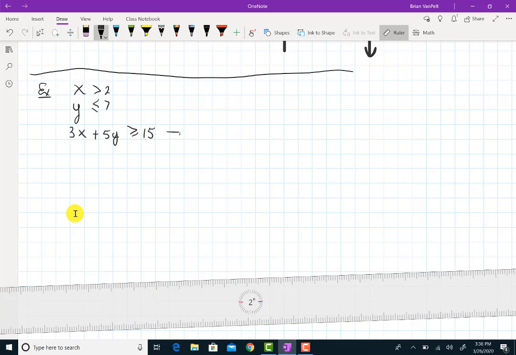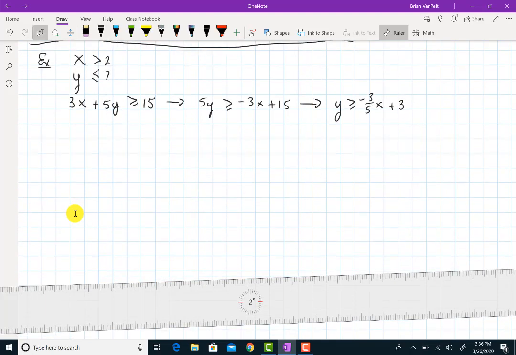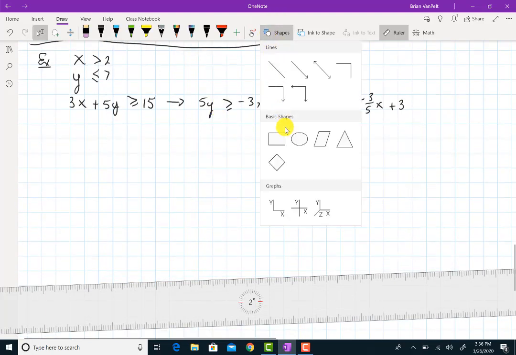Let me fix this last line. I'll get 5y is greater than or equal to negative 3x plus 15. But then I'll divide by 5 and y will be greater than or equal to negative 3/5 x plus 3. So you got to make sure that that's a solid line. Well, you get the idea. You know where your solid lines should be and where they shouldn't be.